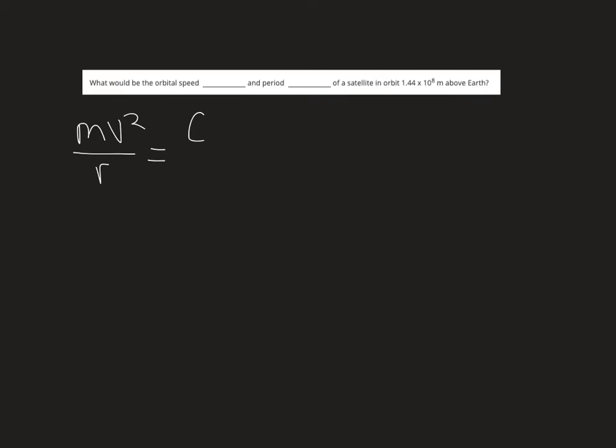So we know that's G, and then M, which is typically the mass of Earth, this first M right here, times the mass of the object, in this case the satellite, over r squared.